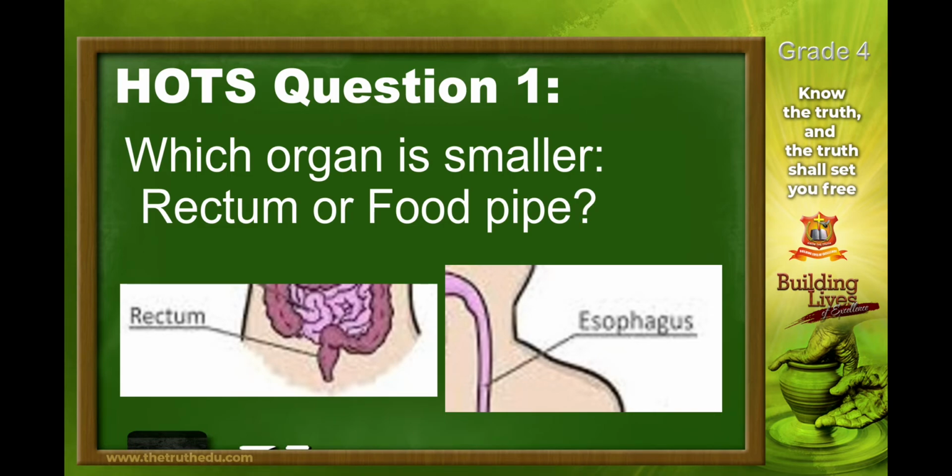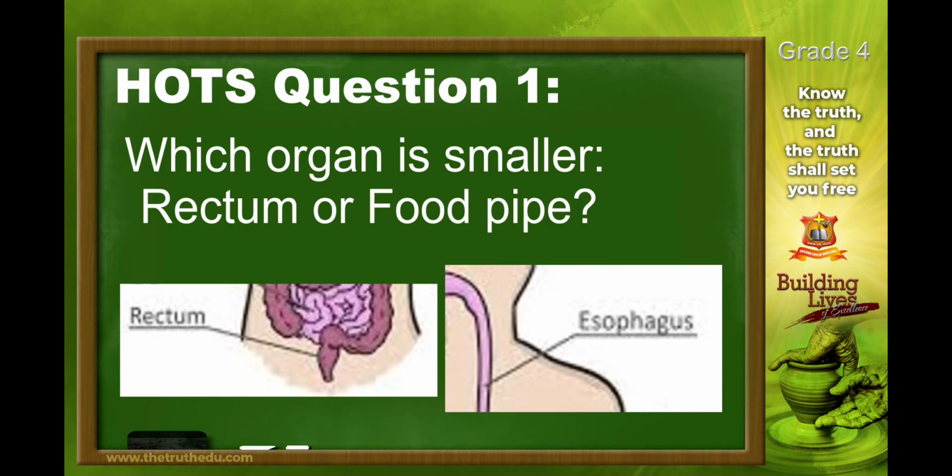So the answer is the food pipe, the esophagus, because the rectum is small. Okay, after the large intestine, the rectum is small, and then just after it comes the anus. But the esophagus is a very long organ because it connects the mouth, which is in your face, to the stomach.